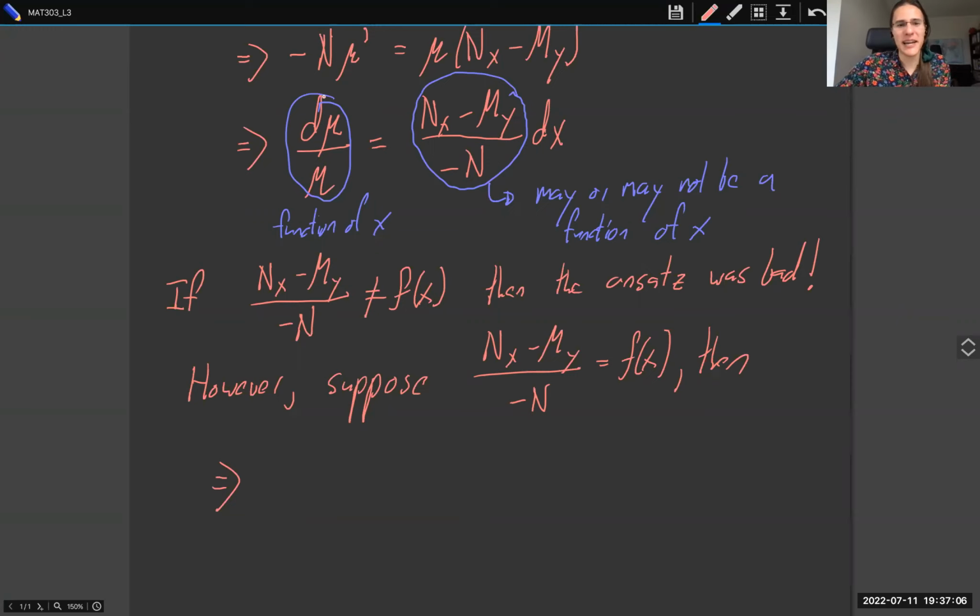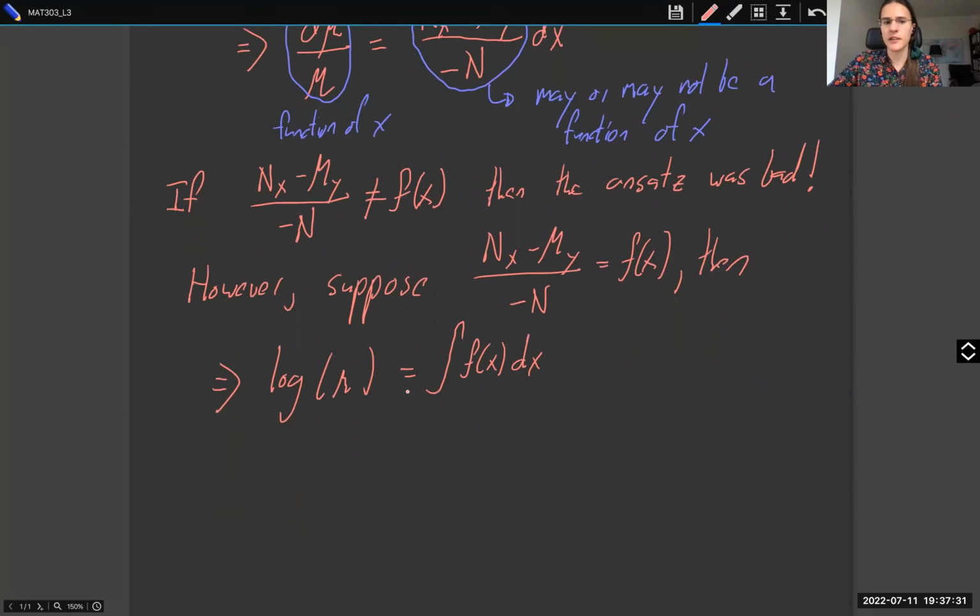So then integrating the left-hand side, what do we get? Log of mu. And then on the right-hand side, we just have the function of x, so that's the integral of f of x dx. We only care about finding some integrating factor because the constant is going to come in later, so we don't care about the constant.